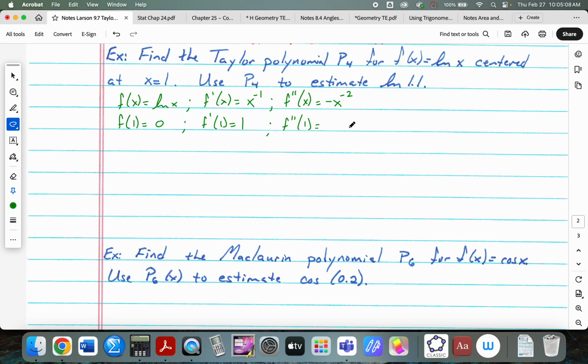So f double prime at 1 is negative 1. F triple prime of x is 2x to the negative 3. So f triple prime at 1 is 2. And then f super 4 of x is going to be negative 6x to the negative 4. So f super 4 at 1 is negative 6.